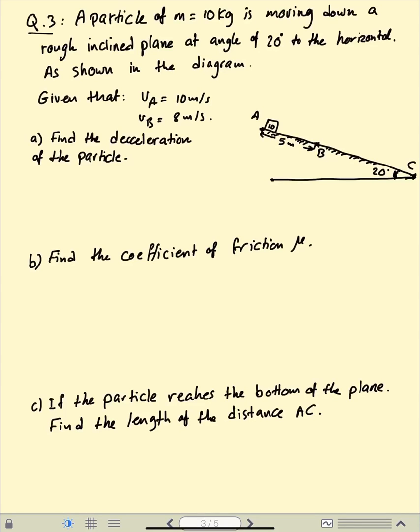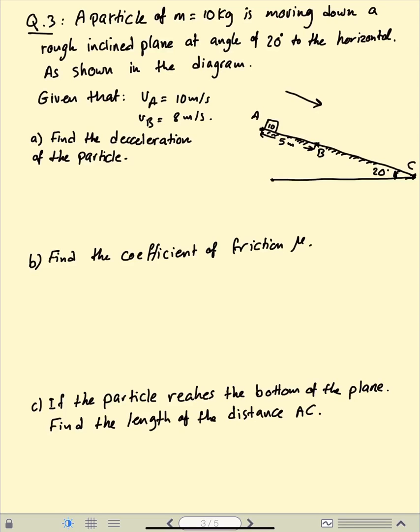This particle at point A is a different language of questions. It starts moving down the plane, sliding down with initial speed v at A. This means it leaves A with a speed of 10 meters per second.